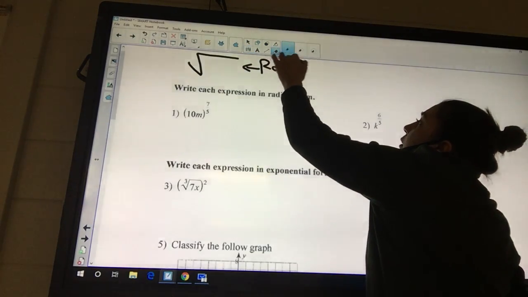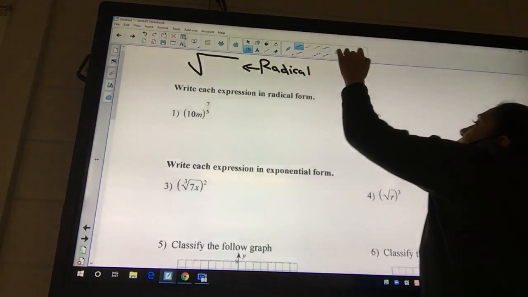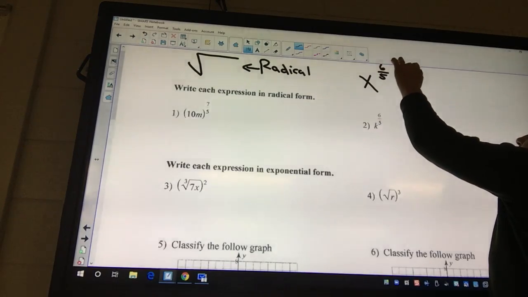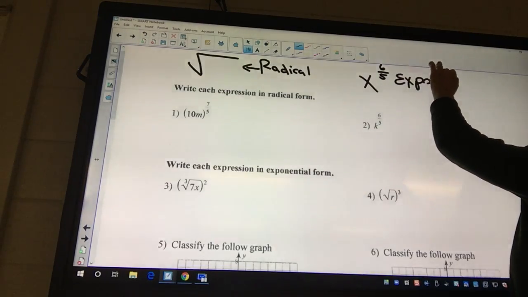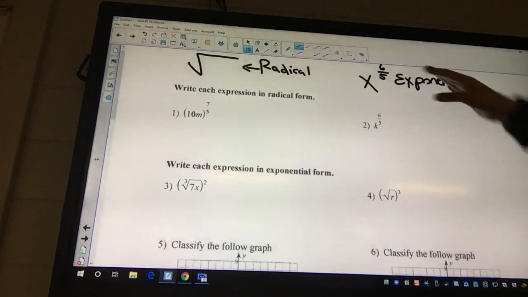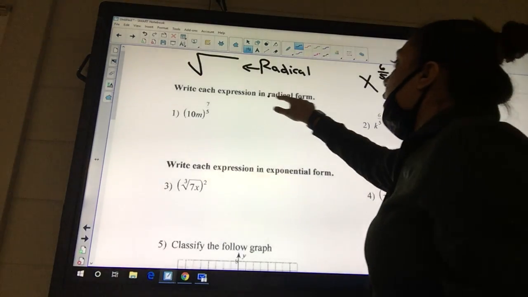This is exponential, we could say. So it's the second one. It's exponential form, okay? And so what we need to do, it says write each in radical form.